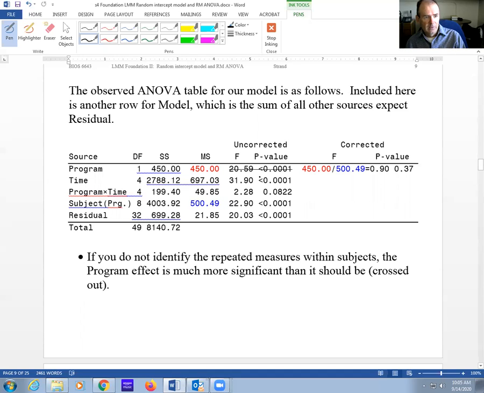So it makes sense that we have this significant result. The program by time, visually we could see something going on there. It's not super strong, but it's borderline significant, 0.08. So sometimes you see it and maybe it'll be significant or close to it. Kind of depends on the data that you have.